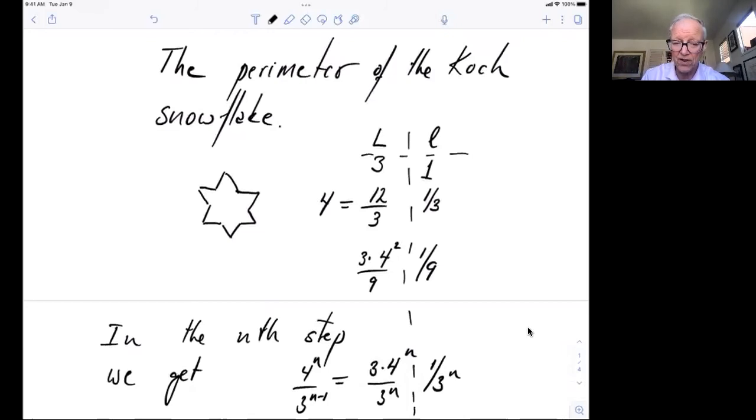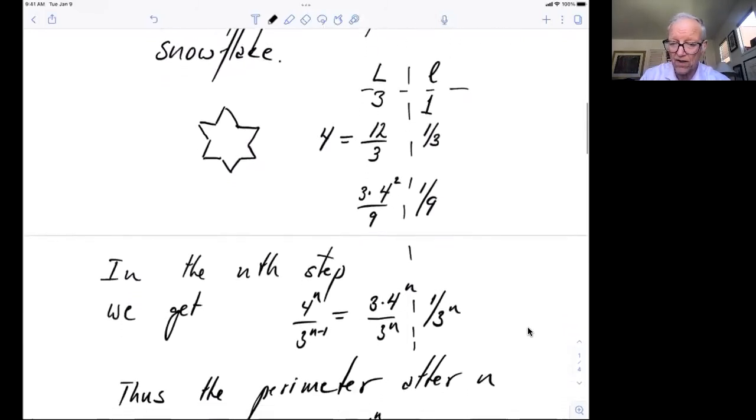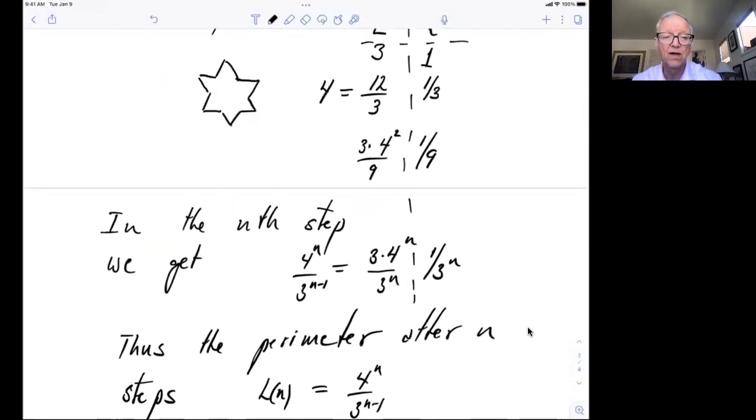And continuing this, it's not difficult to see that in the nth step, the perimeter is going to be 4 to the n, or 4 multiplied by itself n times, divided by 3 to the power n minus 1, or 3 multiplied by itself n minus 1 times.